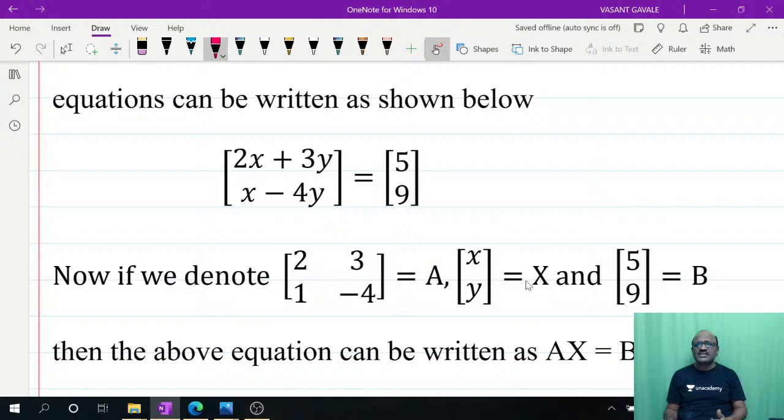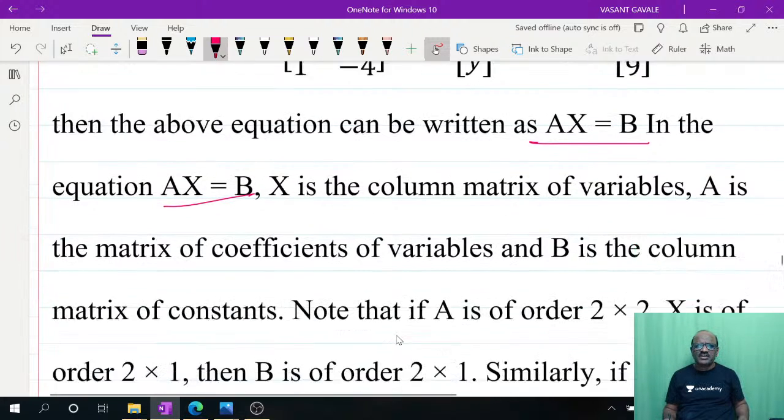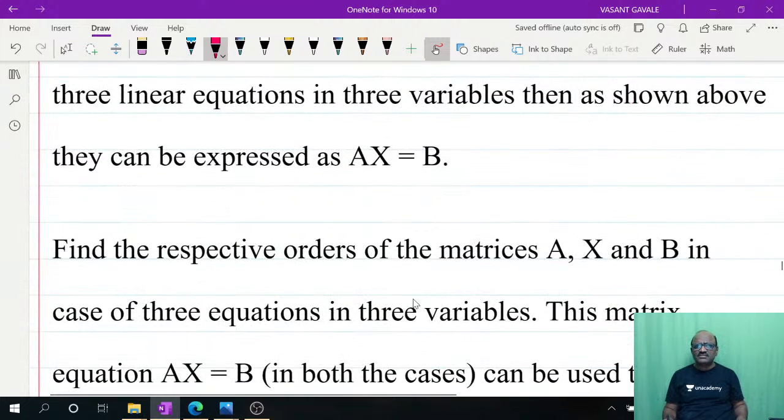It is denoted by capital X, (x, y), and the constant matrix 5 and 9. Okay, that is equal to B. It is written as AX is equal to B. Equation AX is equal to B. X is a column matrix. Okay, this X is a column matrix, and we can solve that.